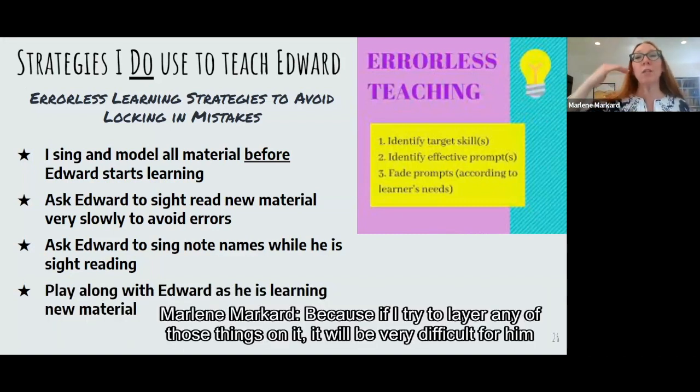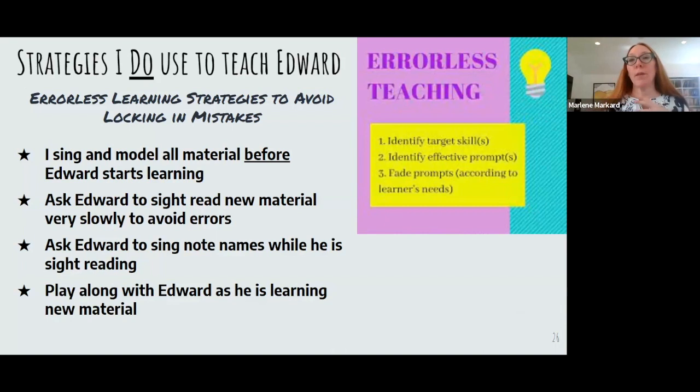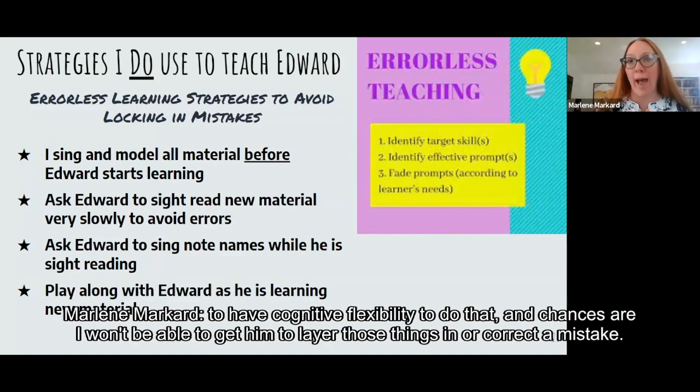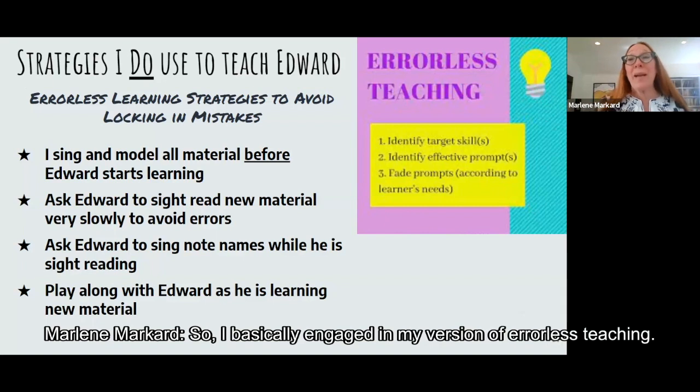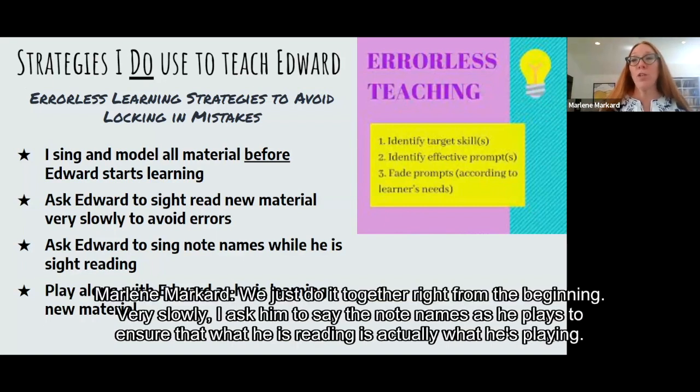Because if I try to layer any of those things on, it will be very difficult for him to have the cognitive flexibility to do that. And chances are I won't be able to get him to layer those things in or correct a mistake. So I basically engage in my version of errorless teaching. We just do it together right from the beginning, very slowly.